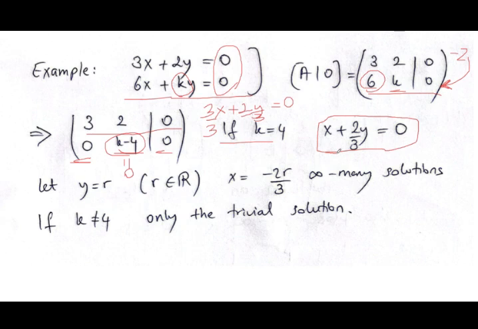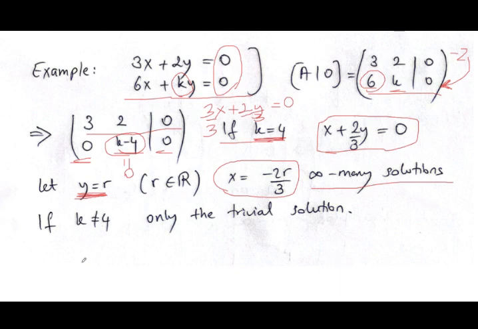So that means if k equals 4, I'm going to have infinitely many solutions in this case. We can represent these solutions with the parameterization y equals r. If y equals r, then my x is written as minus 2r over 3, which gives the infinitely many solutions.